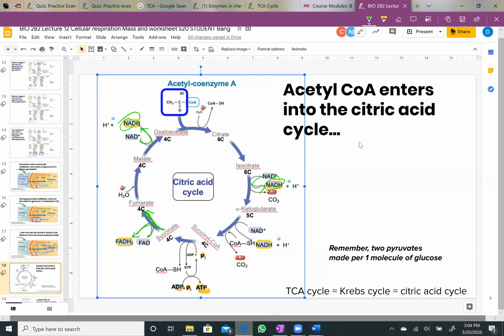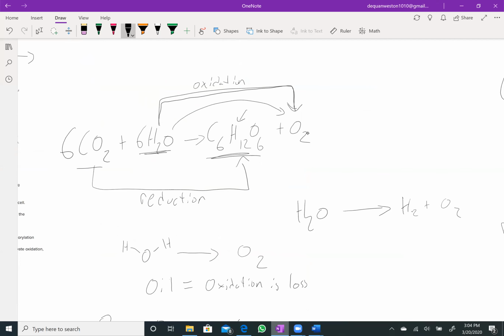So if we go back up here, this is getting oxidized, which means it's the reducing agent. This would be the oxidizing agent. So the oxidizing agent oxidizes something and it gets reduced in the process.